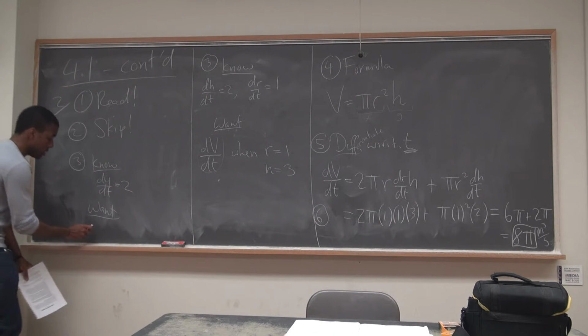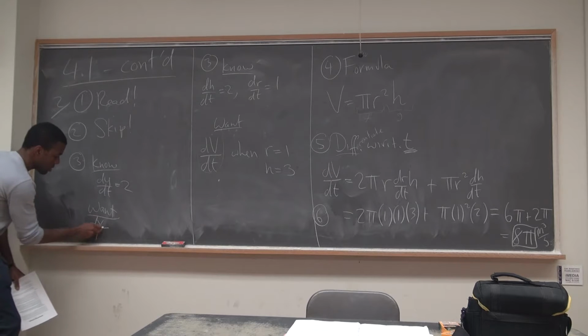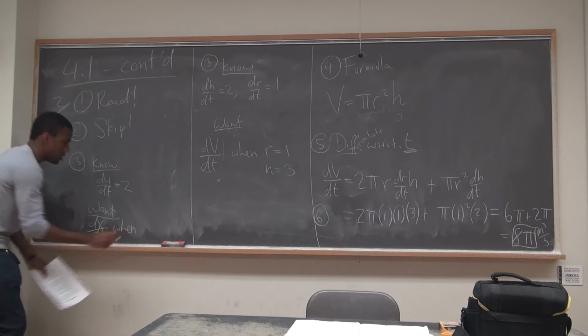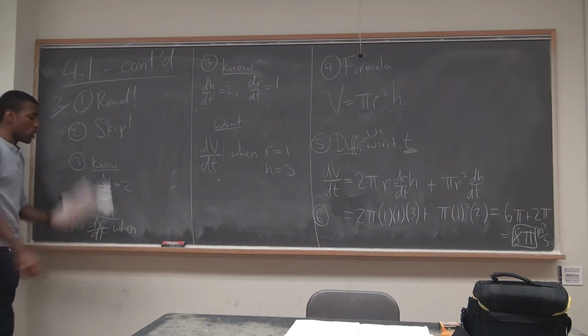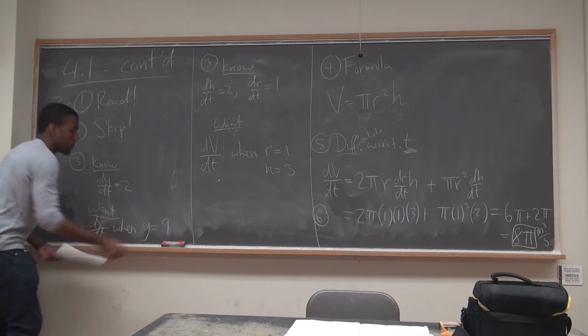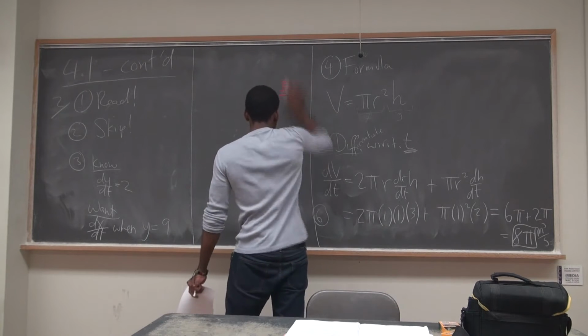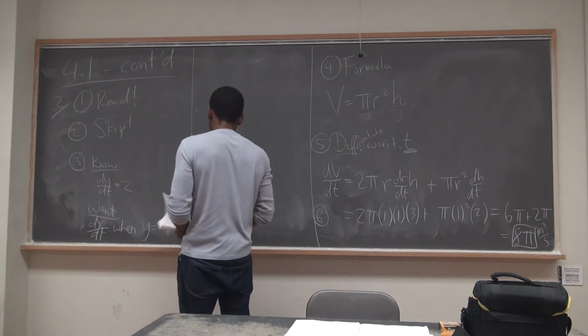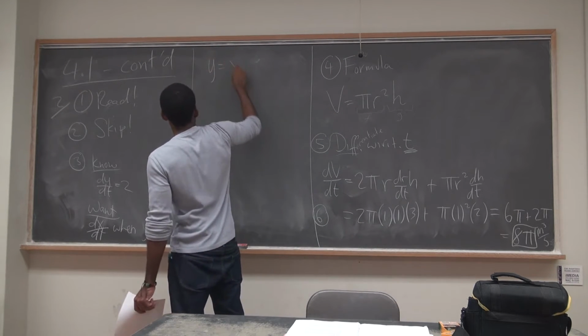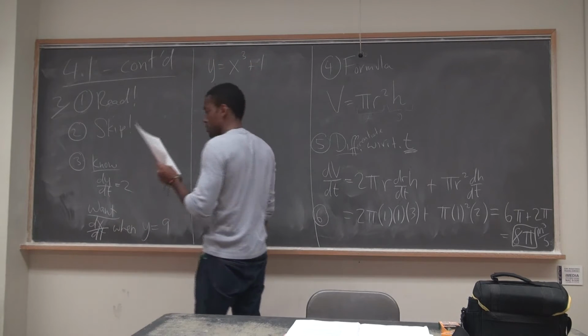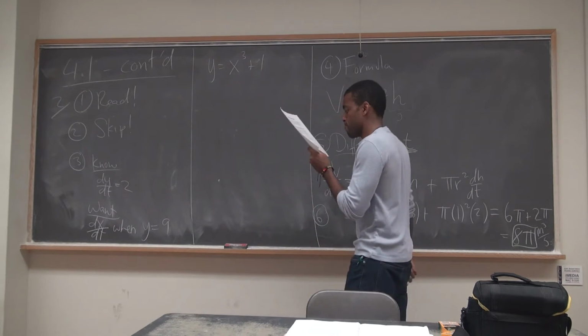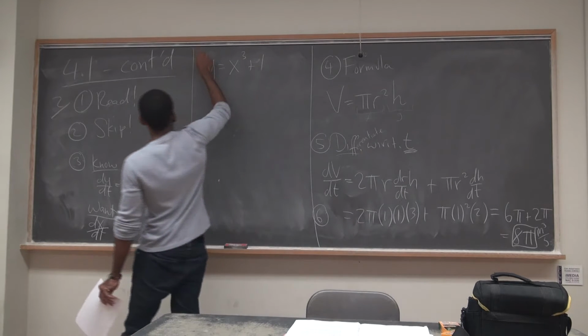And what I want is dx/dt at a certain instant. I want dx/dt when y equals 9. Which brings me to step 4, which was actually done for you. They gave you the formula: y is equal to x cubed plus 1. So that's my step 4.